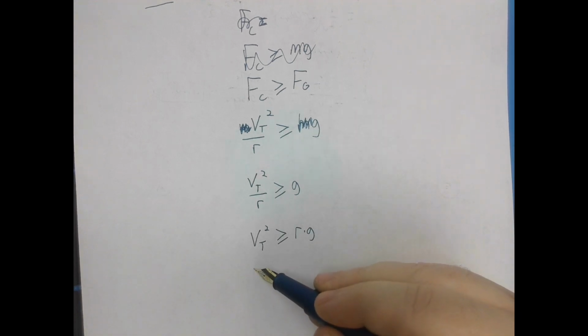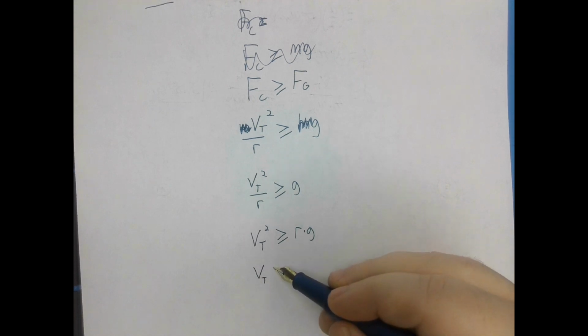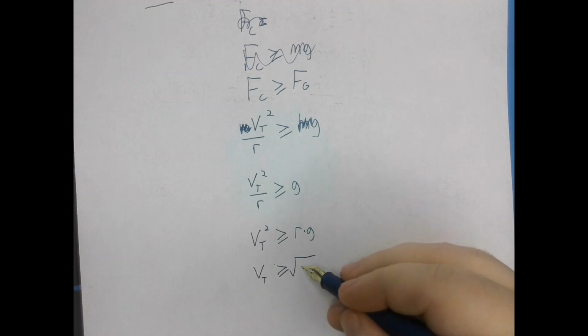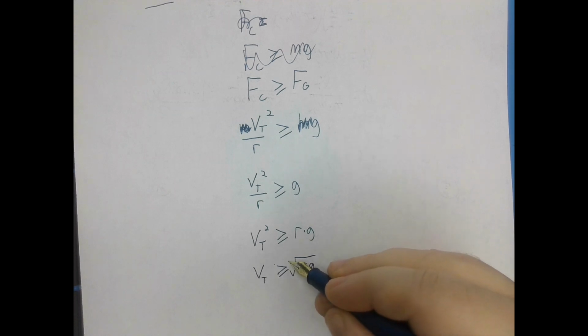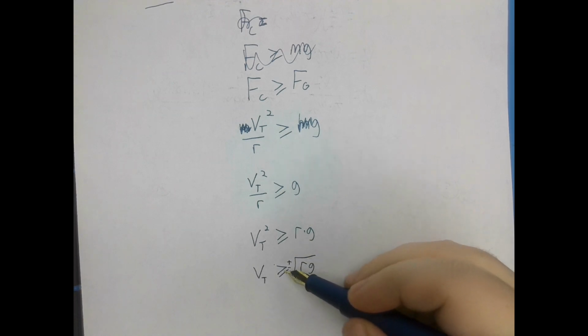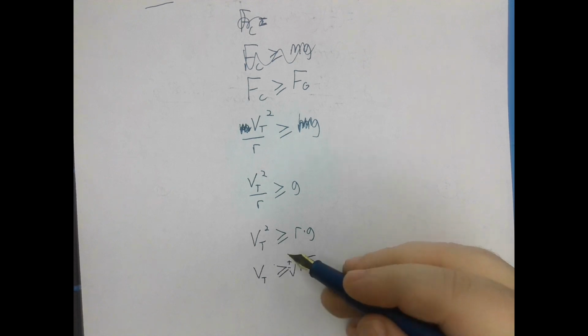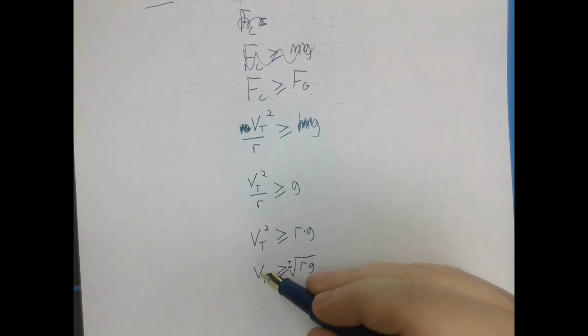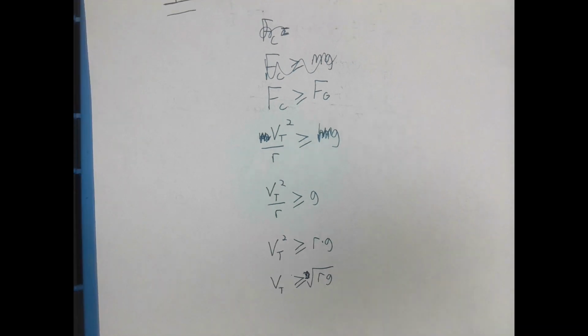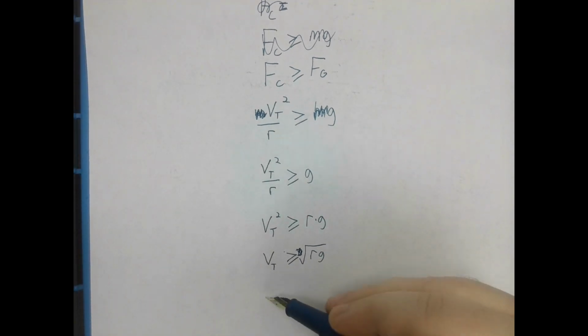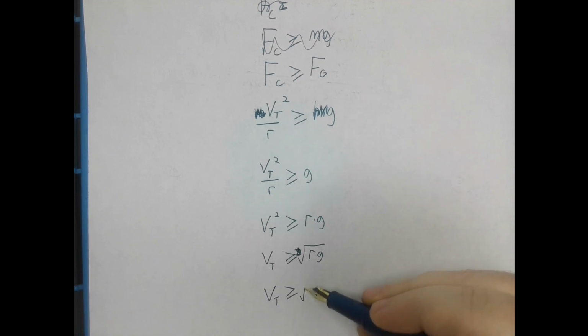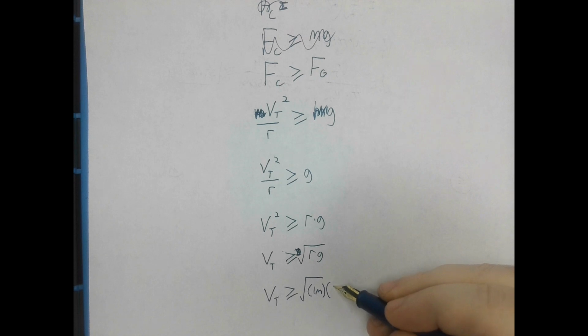Then we can take the square root. And again, it's plus or minus, and we would have to do the sign, but we're only looking for speed and not really velocity, so we can ignore direction. And so the speed required must be greater than or equal to the square root of 1 meter times 9.8 meters per second squared.